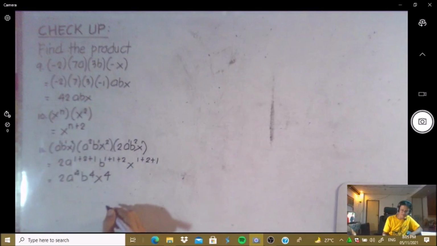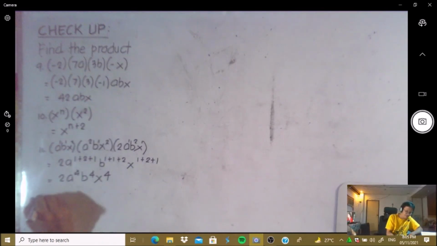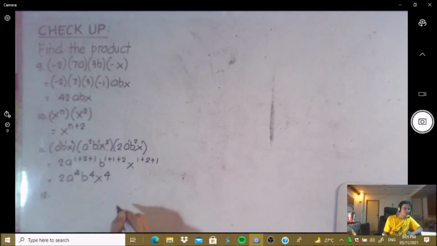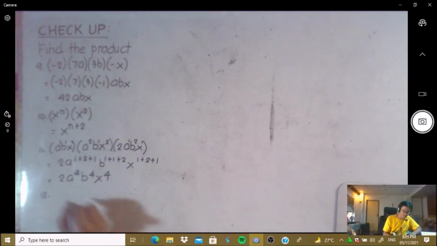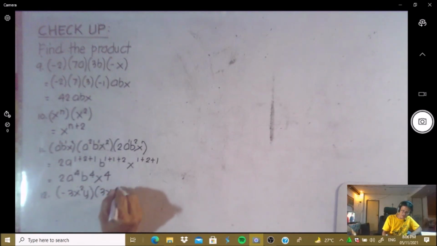Okay. For number 12, we have negative 3x squared y. Then we have 3x y squared.